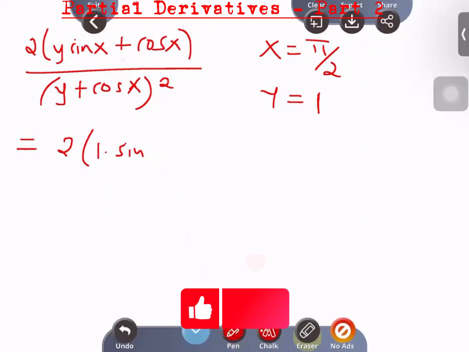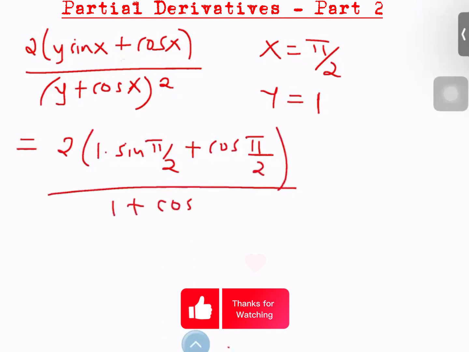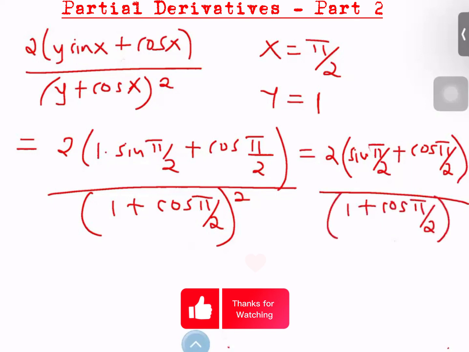Sine of pi over 2 plus cos of pi over 2, divided by (1 plus cos of pi over 2) squared.